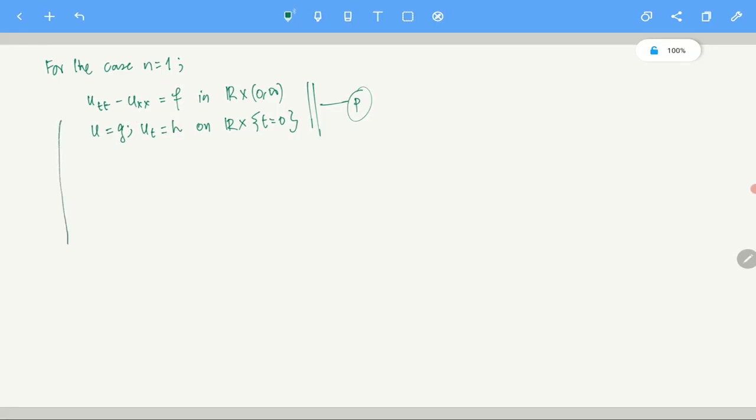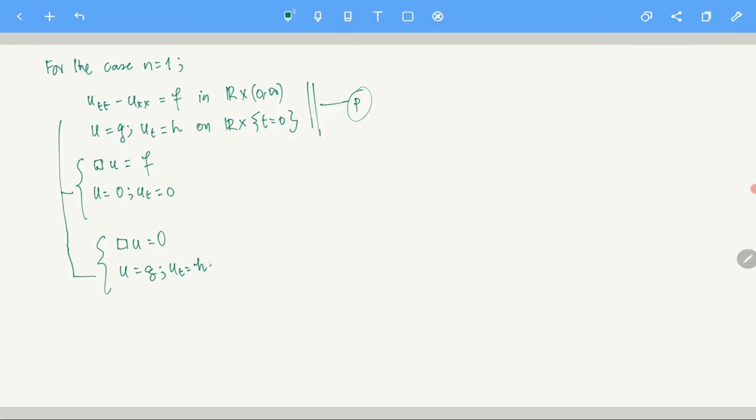One part is the D'Alembertian of u equals f, u equals 0, ut equals 0. The second part is the D'Alembertian of u equals 0, u equals g, and ut equals h. Clear? Okay, I can do this.